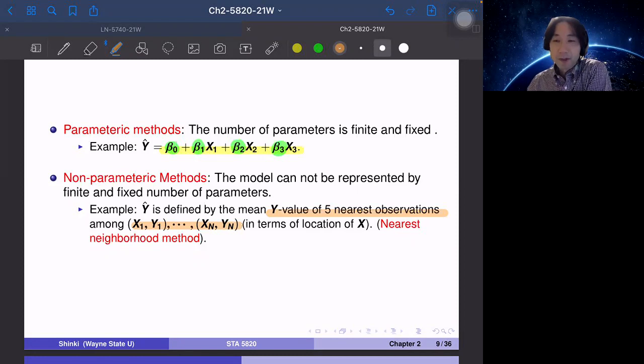You narrow down to a very similar group, a similar cohort, and then you can predict your score better, right? So this is a kind of non-parametric method. For each observation you choose maybe the 5 nearest observations, so it does not depend on a specific fixed number of parameters.